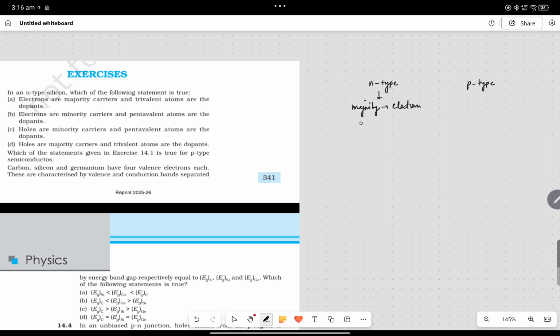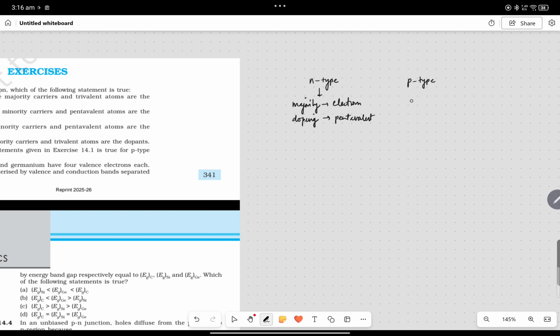So obviously minority is the holes, and in this we do doping using pentavalent atoms, right? So that have 5 valency. And in p-type, this is opposite. So majority is your holes and the doping is done by trivalent, right? So these are the basic differences.